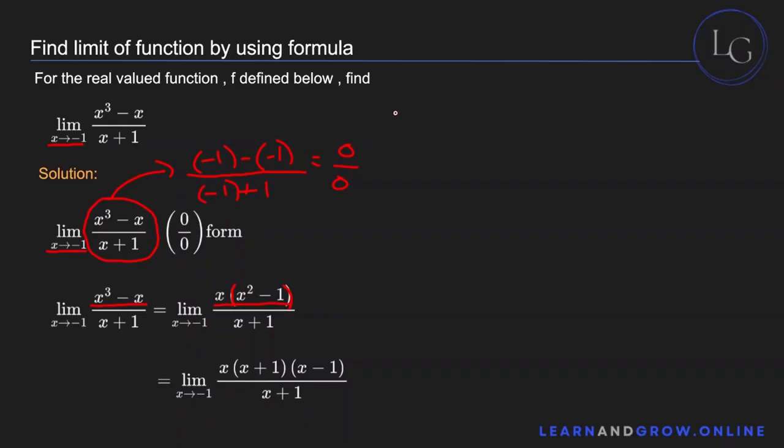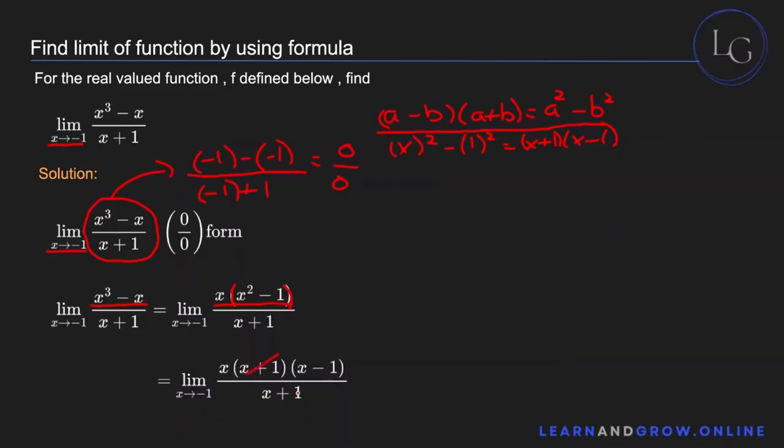You all know that a minus b into a plus b is equal to a squared minus b squared. So you can treat x squared minus 1 as x squared minus 1 squared. And that can be written down as x plus 1 into x minus 1 by this same identity, right? So that's why you have this.